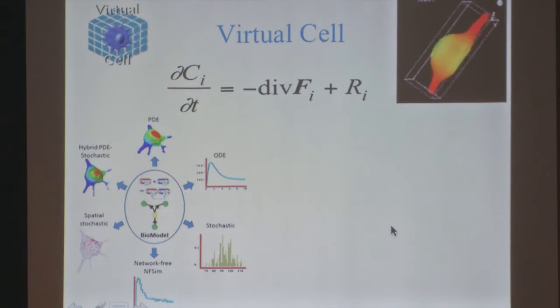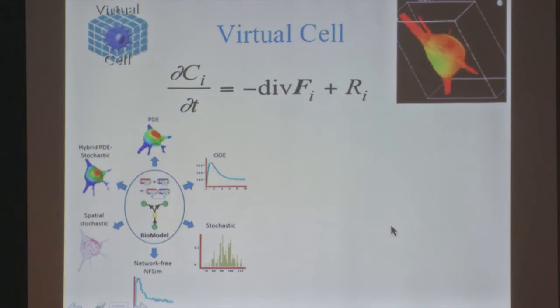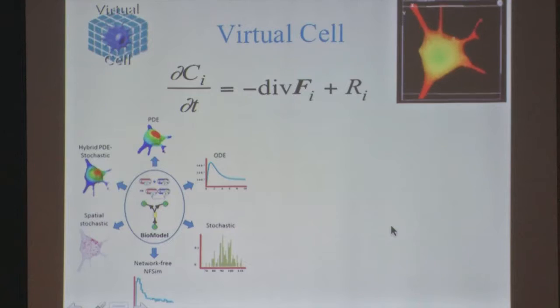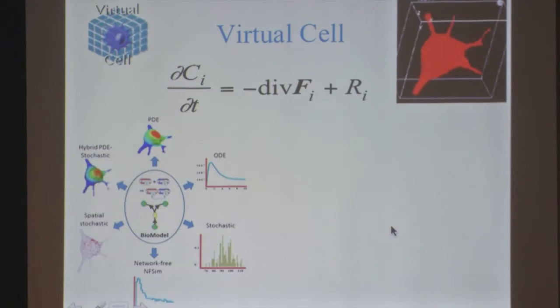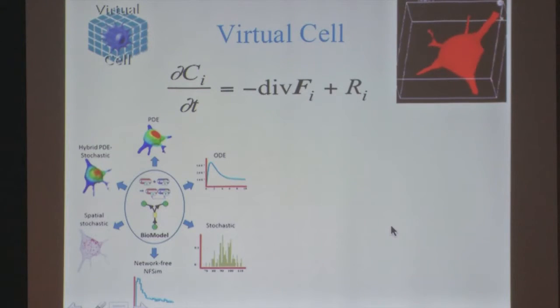So over the last 20 years, my lab has developed a modeling software system called Virtual Cell, and I should say that it's really not a virtual cell. It's a software tool for modeling cell biology. And this little picture on the side here shows the different kinds of simulations that can be run.